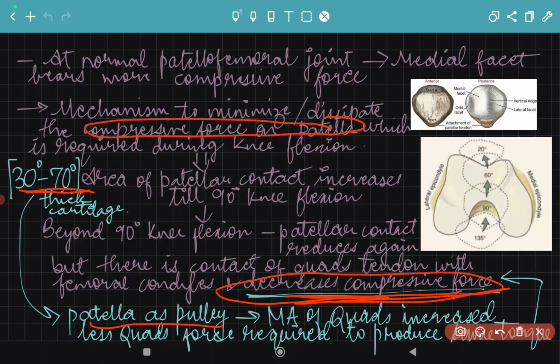Other than this, one more thing is the thick cartilage. In this diagram, if we understand, the medial facet makes more contact in the patellofemoral joint. We discussed that.